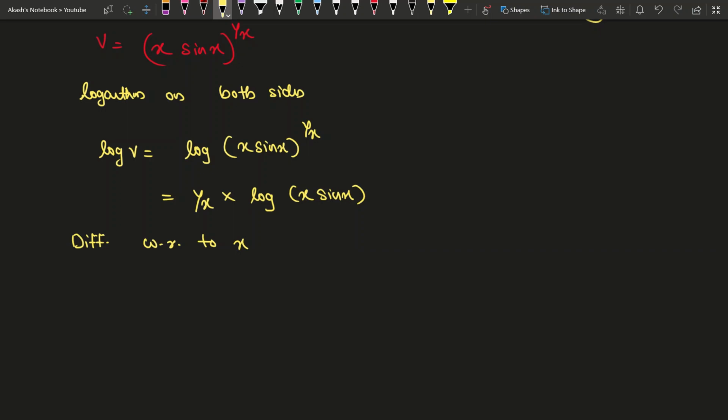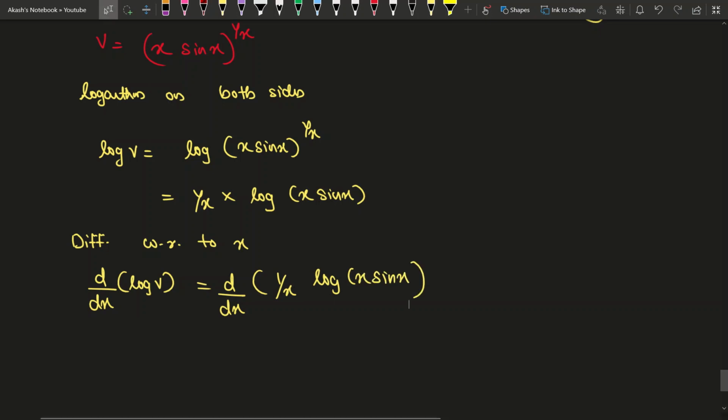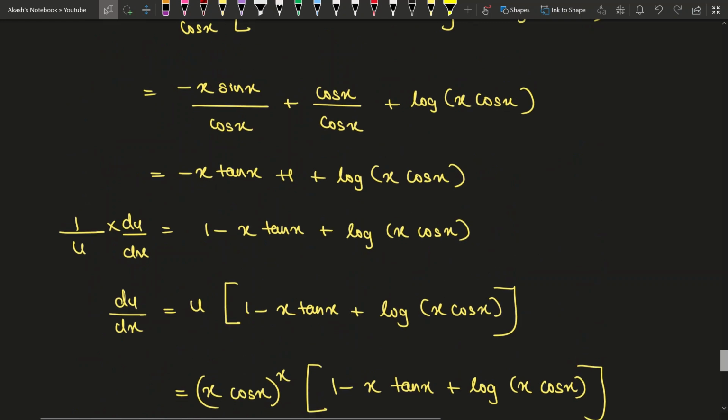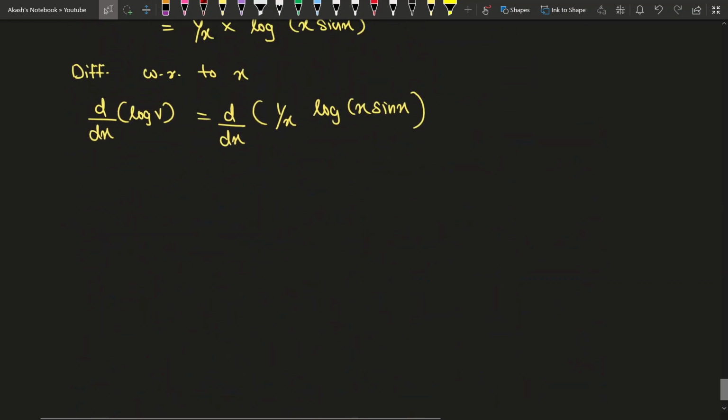What will you get? You will be differentiating d by dx of log v equal to d by dx of 1 by x into logarithm of x sin x. Clear? So if you are differentiating log v, it is going to be 1 by v into dv by dx is equal to.